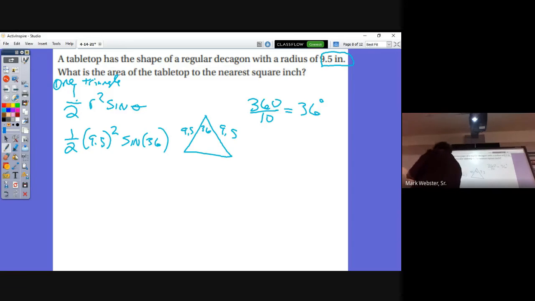So we got 0.5 times 9.5 squared times the sine of 36 gives us 26.52380951. And there's 10 triangles.